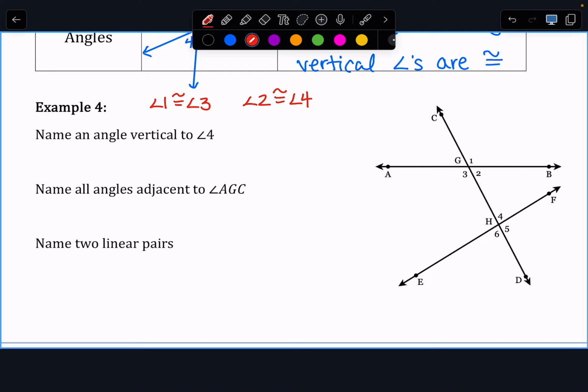I got 1 and 3. No, because 2 would work. Name 2 linear pairs. Do you like when you take off your scissors at the end of the day? Only 1 and 2.